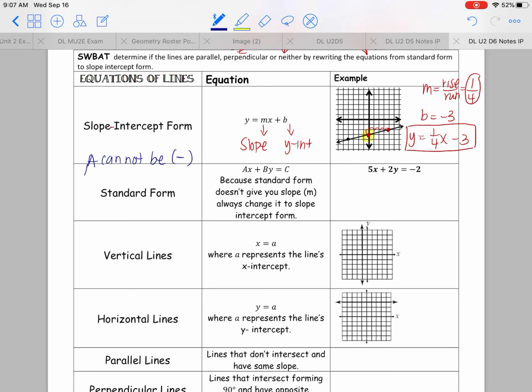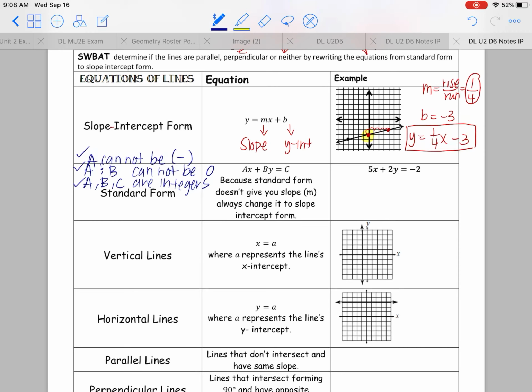Okay, another thing that you need to understand is that A and B cannot be 0. Okay, but you know that A, B, and C are integers. Make sure that you keep that in mind when you're writing the standard form.